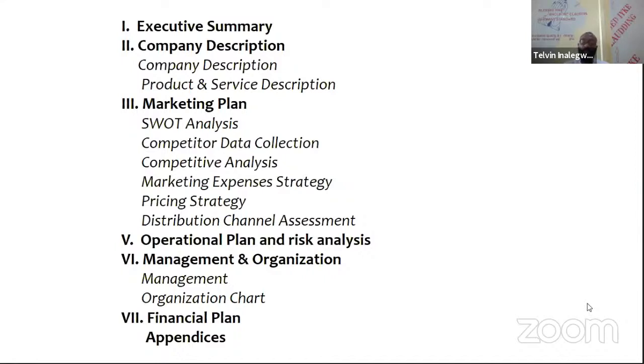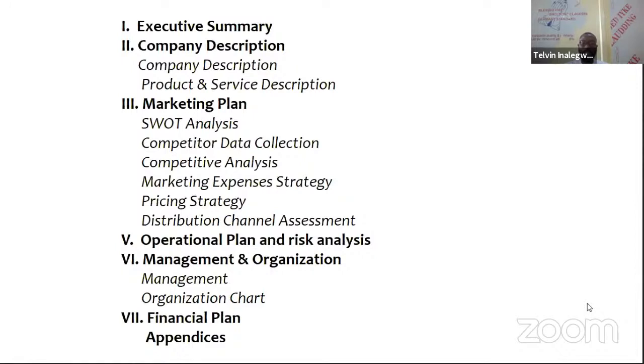Now, while you are doing your operational plan, what are the risks you are bound to face? Breakdown of vehicle, vehicle collision, banditry, and all that kind of risk. You put that down, and then how it is going to be addressed, all that is to be in your operational plan and risk analysis.